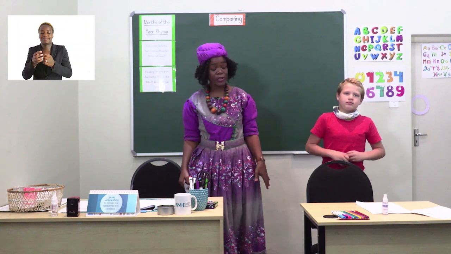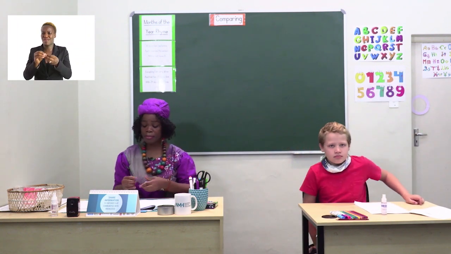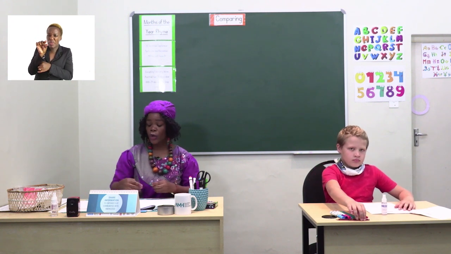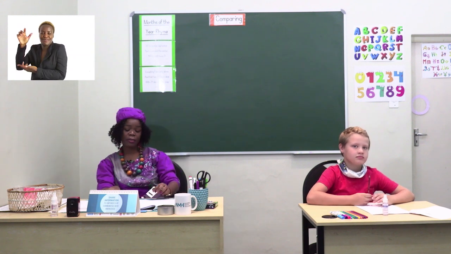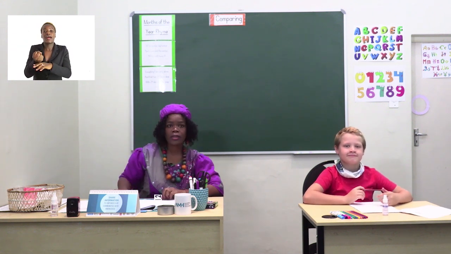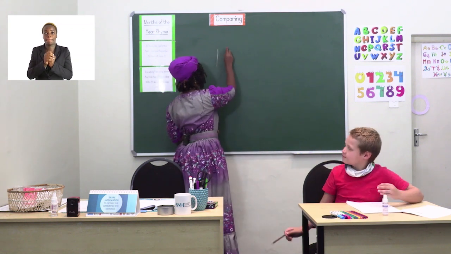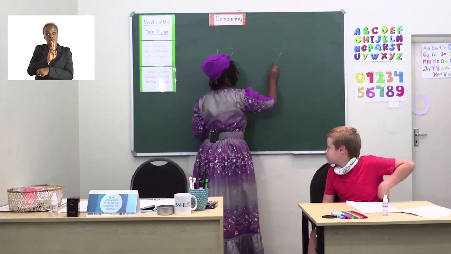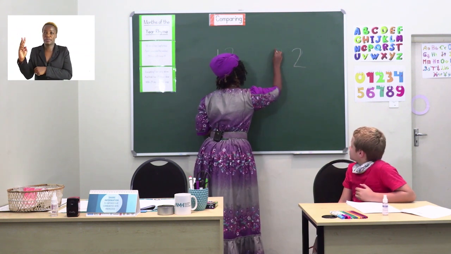The same also applies when we have to compare numbers. When we are comparing numbers, we have to check which one is smaller than the other. For example, let me quickly write roughly a number here, a 12 and a 22. Now, how will we know which one is bigger than the other one?